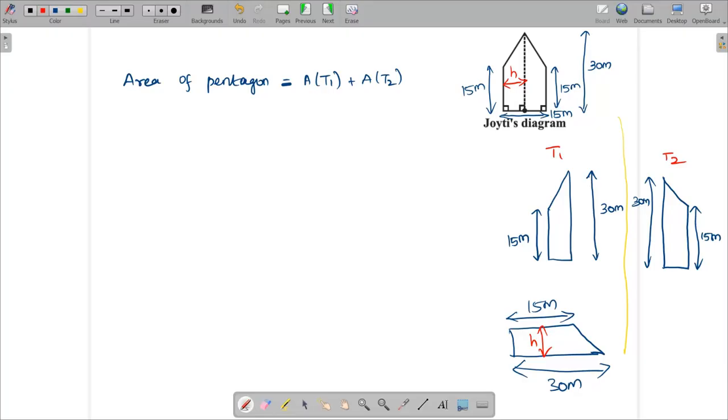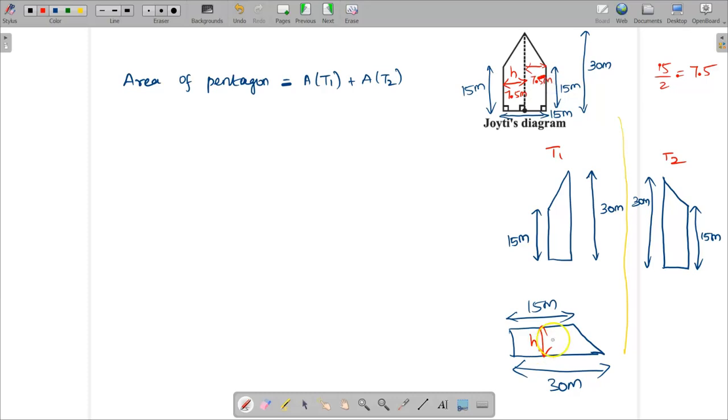Since it has been separated symmetrically, I can say that this is 1/2 of the 15 meter. So equally divided, 15 meter divided by 2 is 7.5. So this side is 7.5 meter. Similarly this part is 7.5 meter.